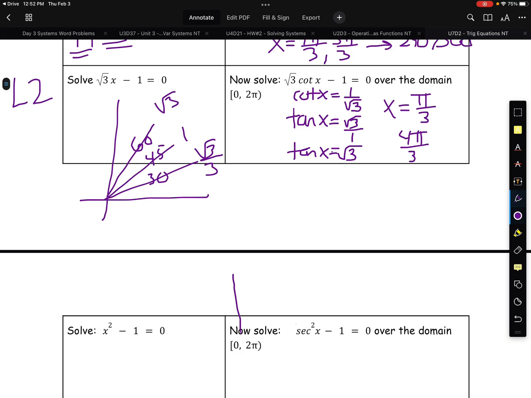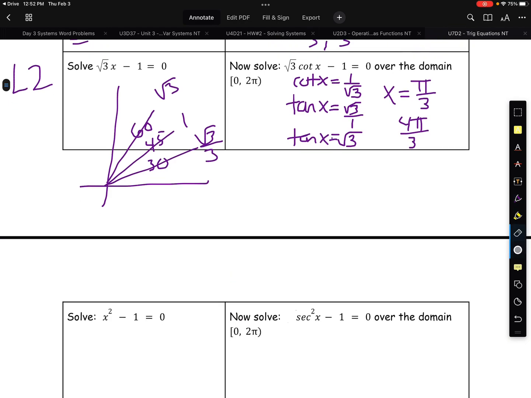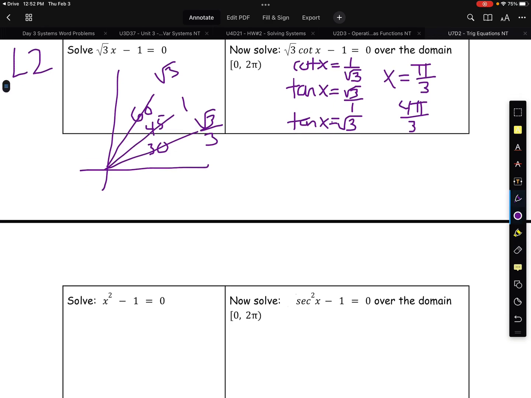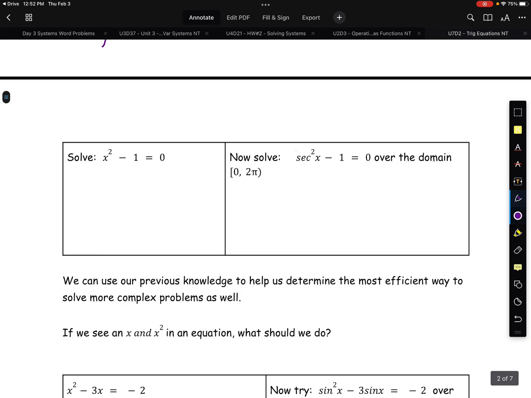So let's keep working ourselves up this scale now. Oops, I got stuck on something. So if we call this a level 3, I got secant squared x equals 1, which means that secant x equals plus or minus rad 1. When we have that exponent, solving gives us the positive and negative.